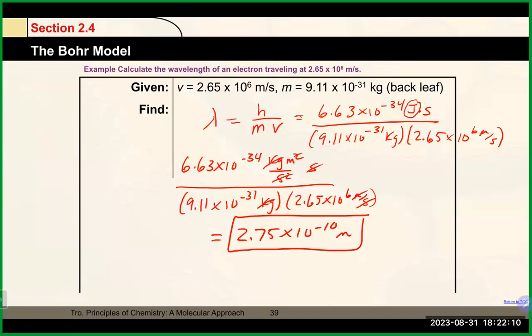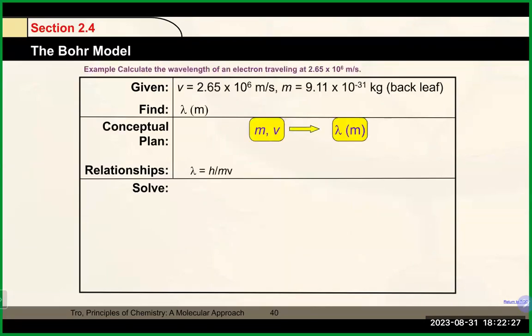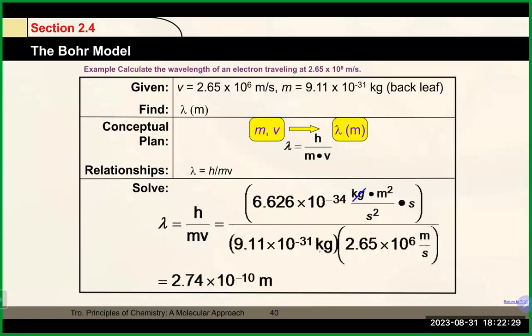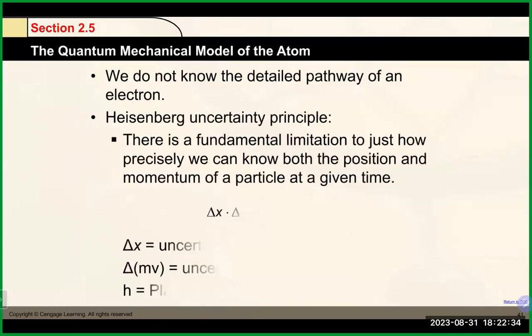So what we are seeing is, as we try to move away from the Bohr model, this nice planetary model where electrons are in these orbits circling around the nucleus, to this more quantum mechanical model of the atom, where we really don't know at any given point where we can find an electron, and really its location.